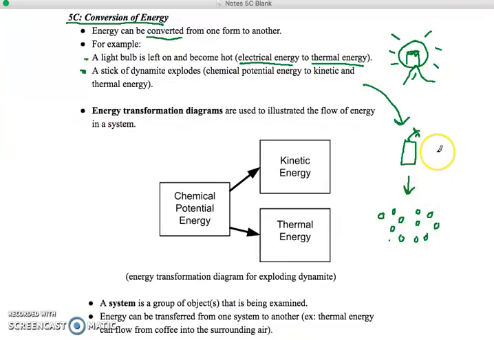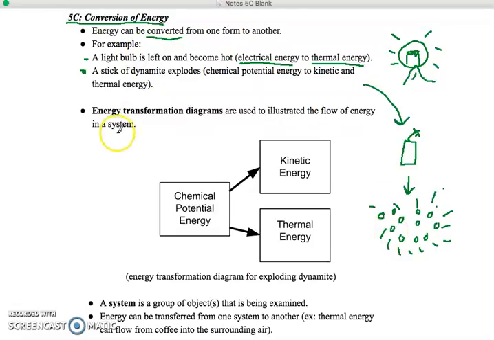Originally it was mostly chemical potential energy, stored in the chemical bonds, and once it explodes, that chemical potential energy is released as kinetic energy because all those little particles are moving, some at really fast velocities. You're also releasing heat, so there's some thermal energy. That's what happened.